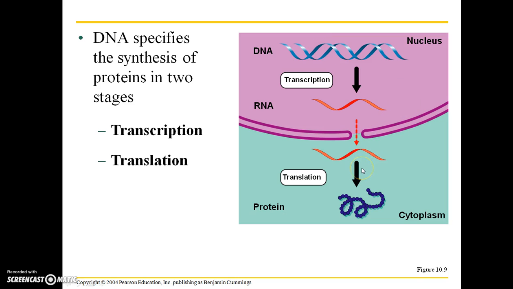And then we have the process of translation, which takes place in the cytoplasm outside of the nucleus. So we have that RNA template that has basically transcribed the information within DNA, and in turn that RNA molecule is translated into a functional protein.